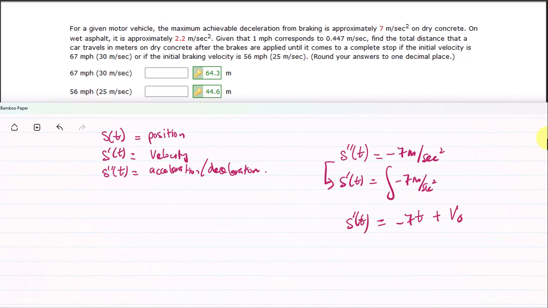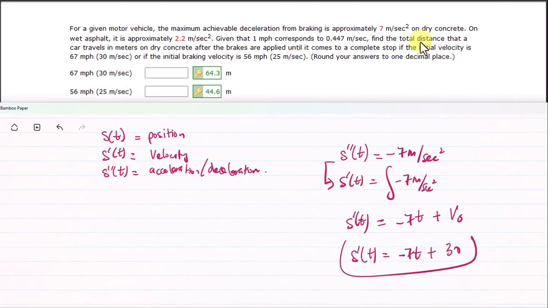The initial velocity is 67 miles per hour, but we have to go with meters per second for velocities, so that is 30 meters per second. So that would be minus 7t plus 30. That is my velocity function.